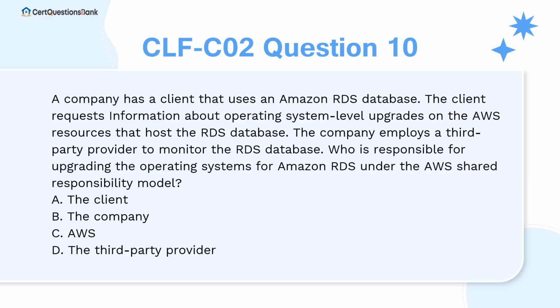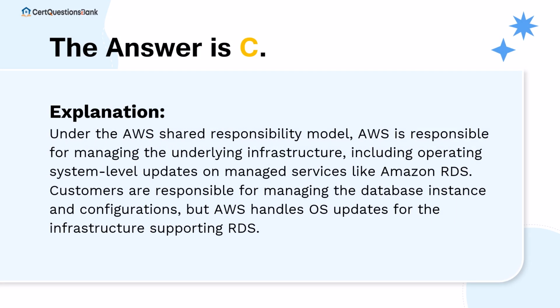Who is responsible for upgrading the operating systems for Amazon RDS under the AWS shared responsibility model? A. The client. B. The company. C. AWS. D. The third-party provider. The answer is C.